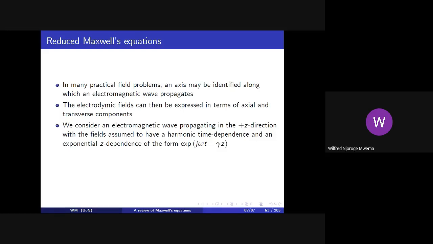That exponent, j omega t minus gamma z, is usually called the propagation factor of the fields through space.